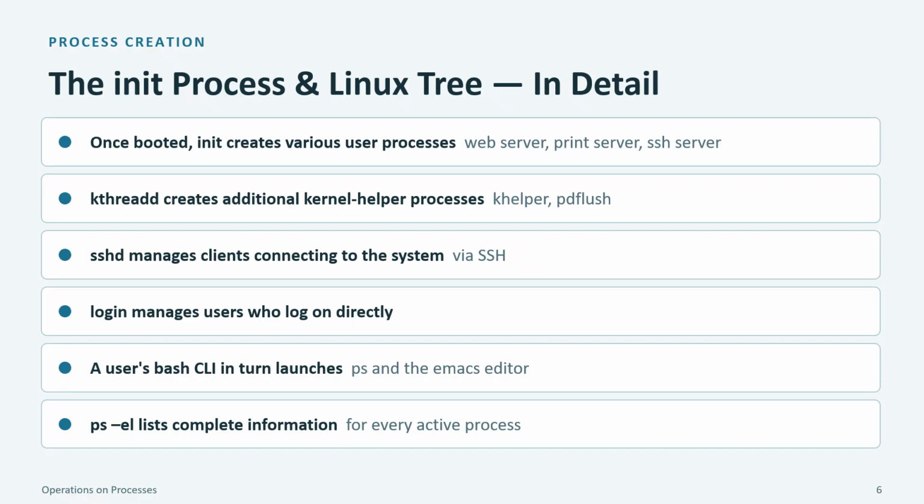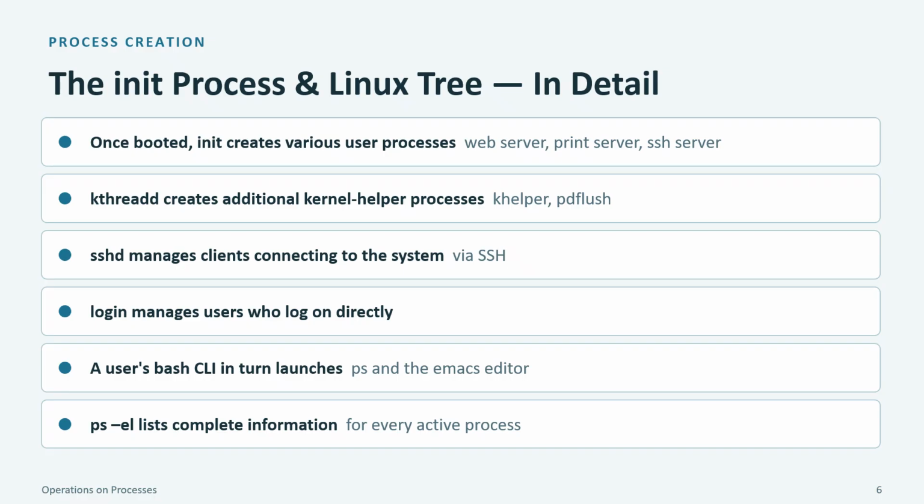Let us understand this process tree in a little more detail. Once the system is booted, the init process creates or starts various user level processes and services. For example, web server, print servers, and SSH related service may be running. We can also have kernel related helper processes. The sshd process manages clients that connect to the system through SSH. Similarly, the login process manages users who log in directly.